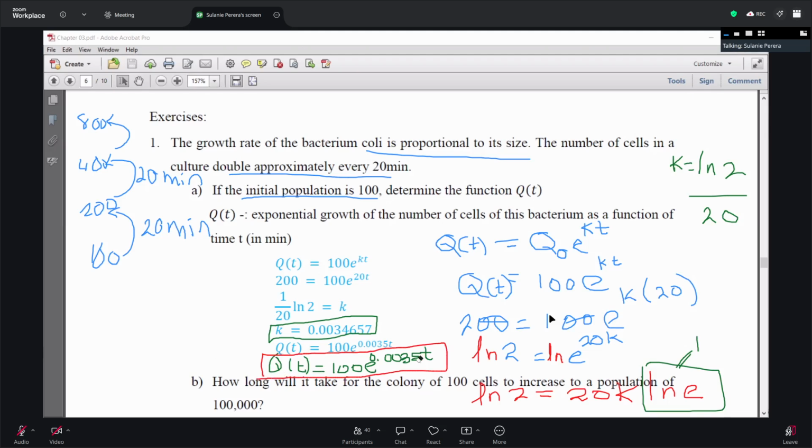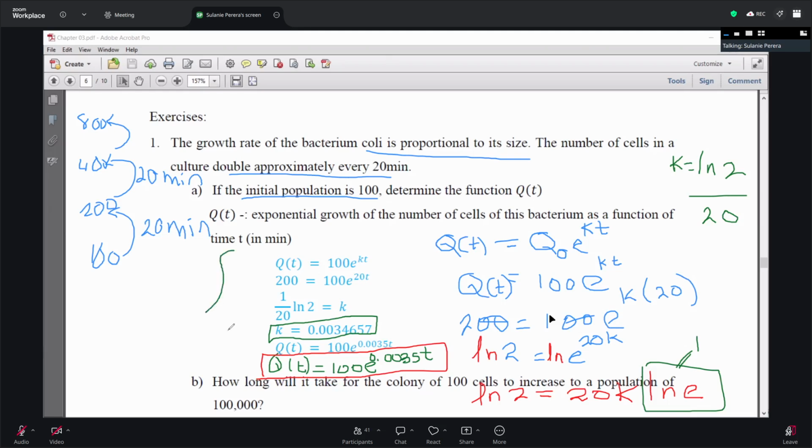Did you all understand? So this is how we write an equation for the function Qt. Qt is the quantity at time t. And so what did we do here?